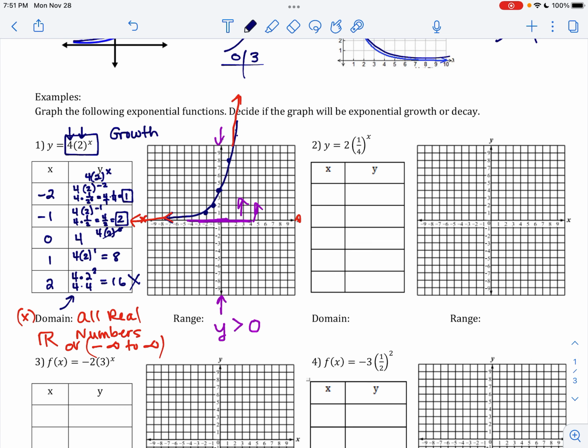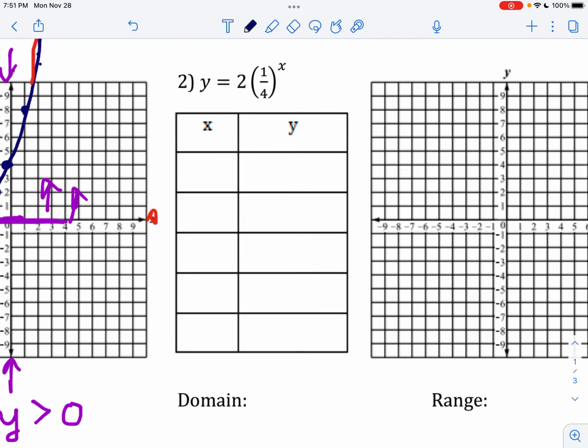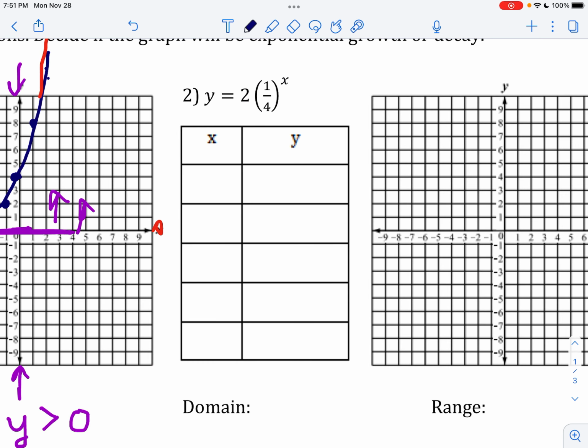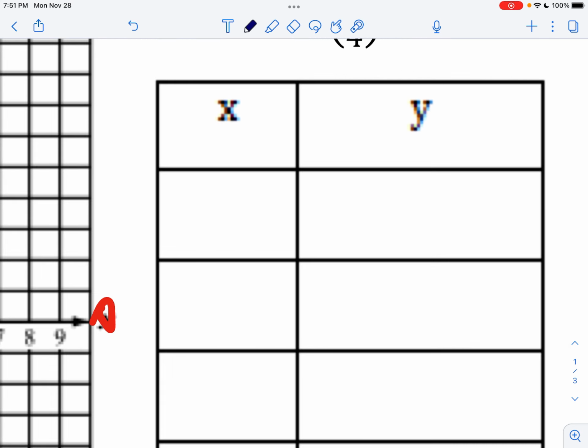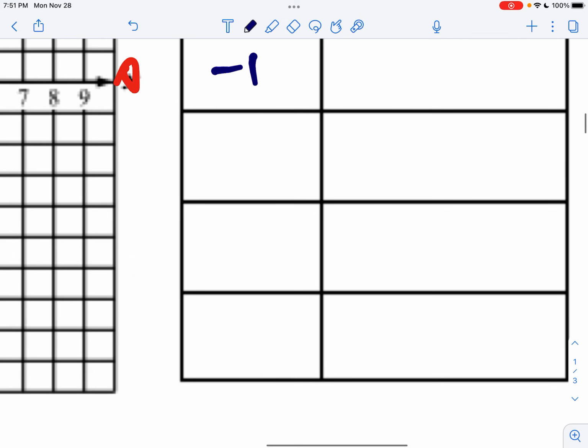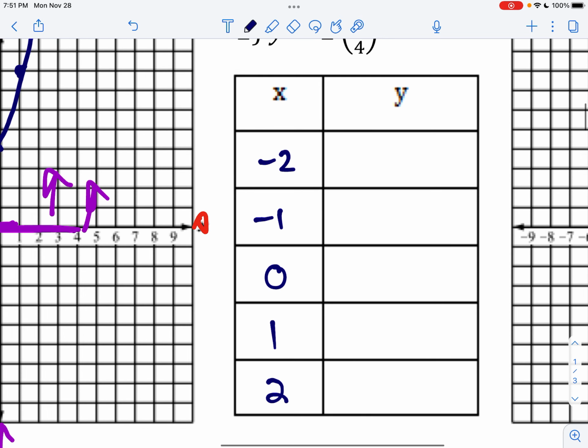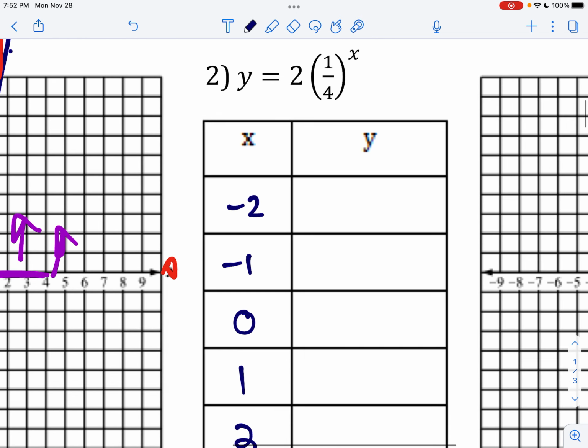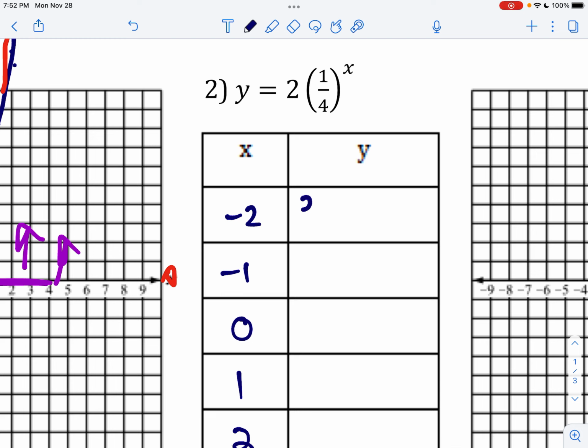All right, number 2. y equals 2 times 1/4 to the x power. So remember, we're going to use -2, -1, 0, 1, and 2. We're going to put the function in. So this is going to be 2 times 1/4 raised to the -2 power.